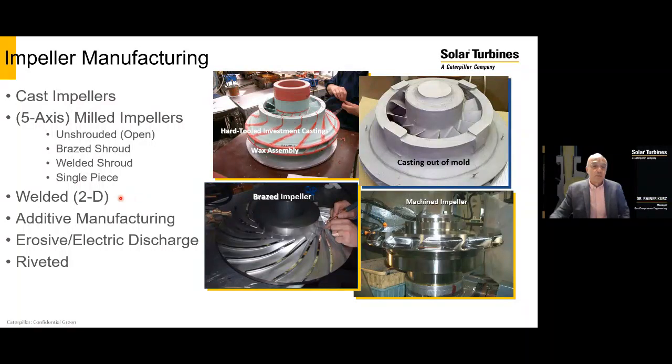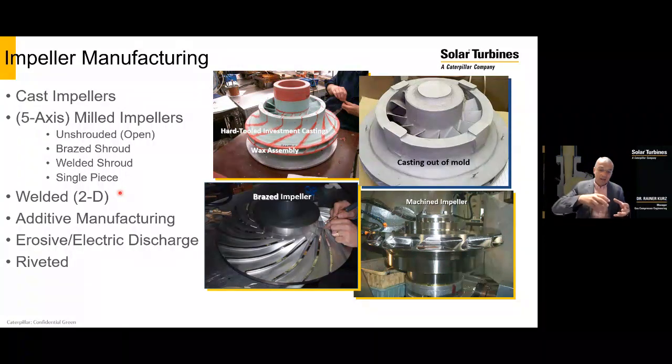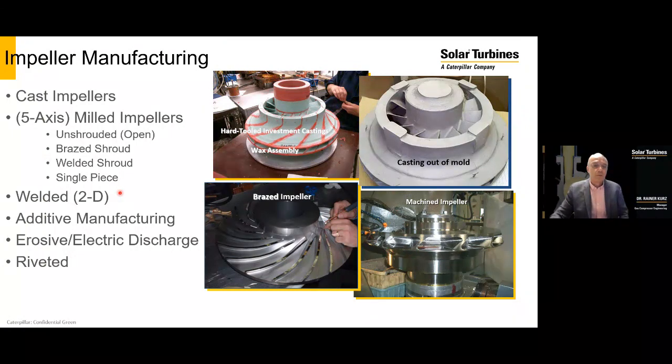In much older machines, there are also welded impellers used. They are also often referred to as 2D impellers because the blades in these older machines lack the three-dimensional twist that allows us to very much optimize the aerodynamics.